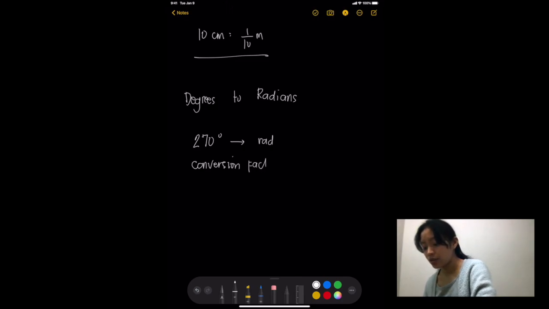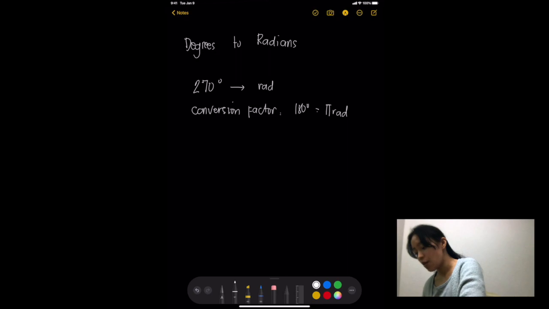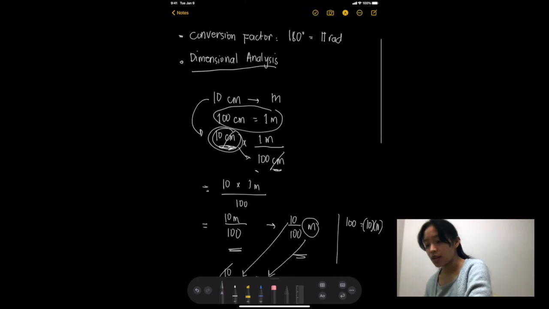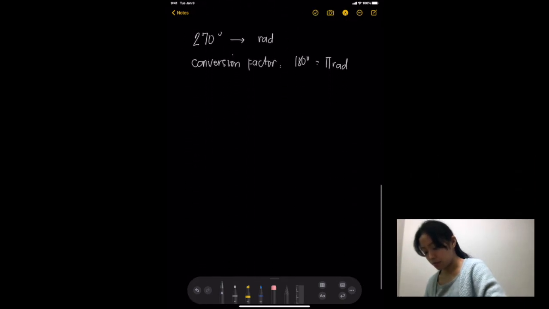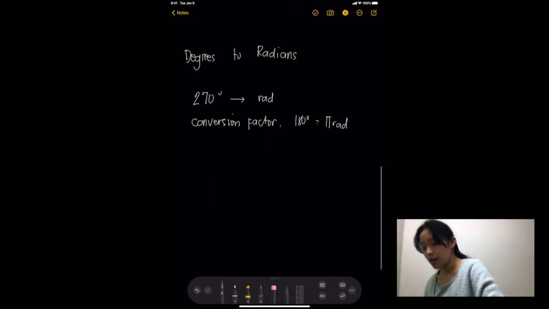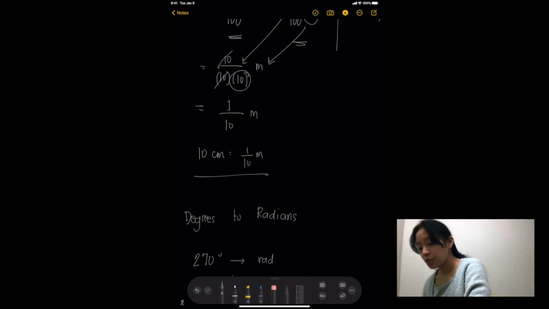Let's write down our conversion factor, which is equal to 180 degrees equals pi radians. Okay? So let's start. We always start with a given number.